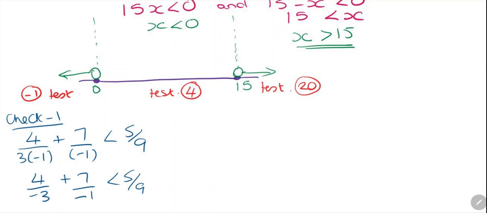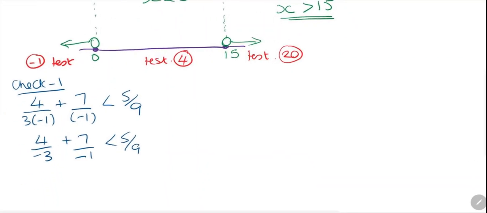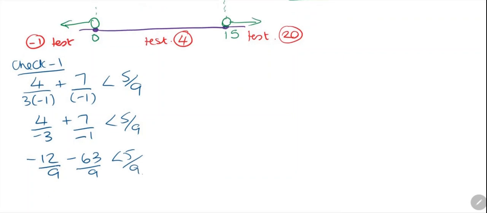And we need to put them over the same denominator. So I'll put them over 9. So that would be minus 12 over 9, minus 63 over 9, and 5 over 9. So we can say that minus 12 minus 63 is minus 75 over 9, and yes, that is less. So that is correct.